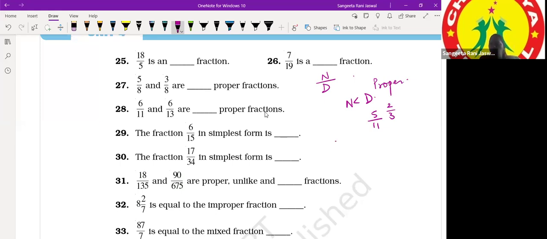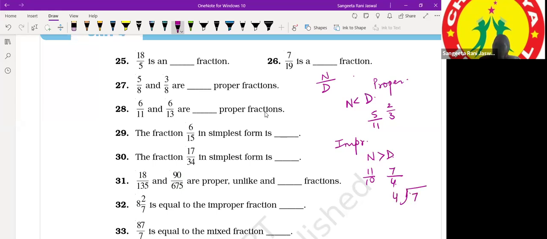Improper fractions are those fractions where the numerator is greater than the denominator, like 11 by 10, 7 by 4. When you change this to decimal, the number is always greater than 1. Why?